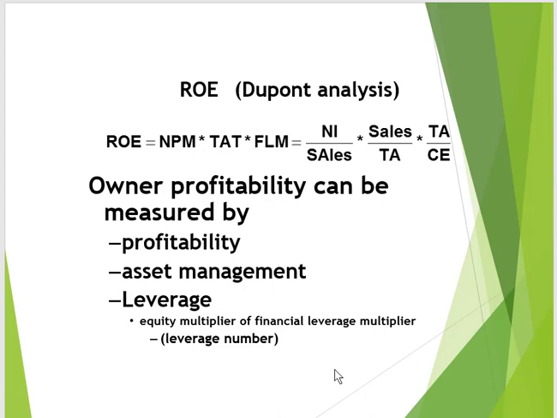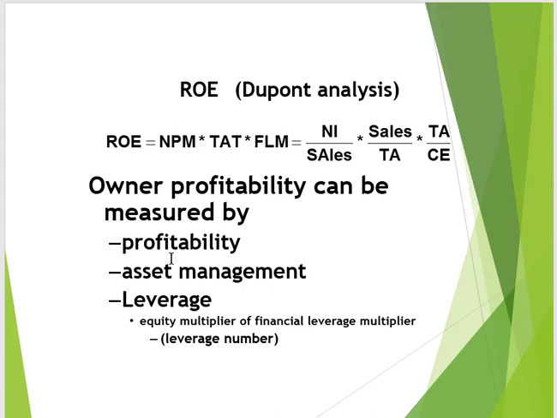Well, where is it that we're failing? So here's return on equity expressed as three ratios. We can look at profitability, that's the net profit margin. We can look at asset management, that's total asset turnover. And we can look at leverage. In this case, what we're looking at is something we had a little bit earlier, called the equity multiplier.